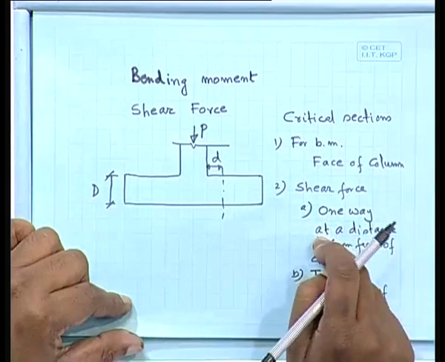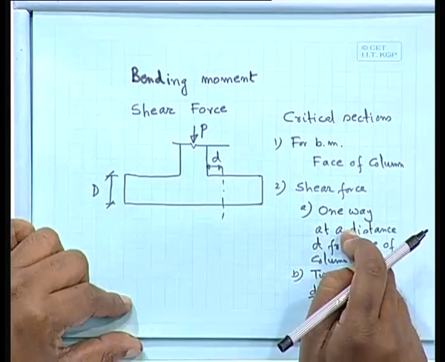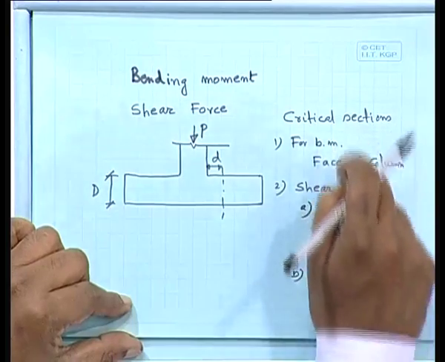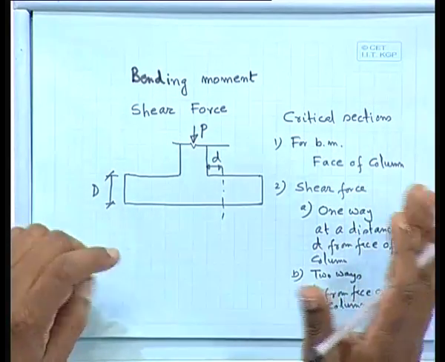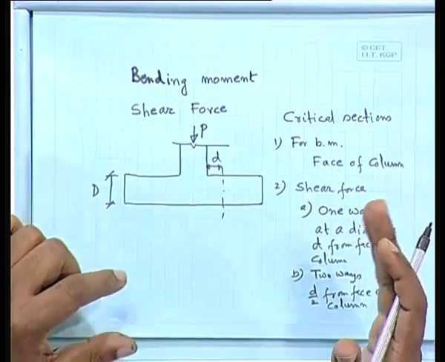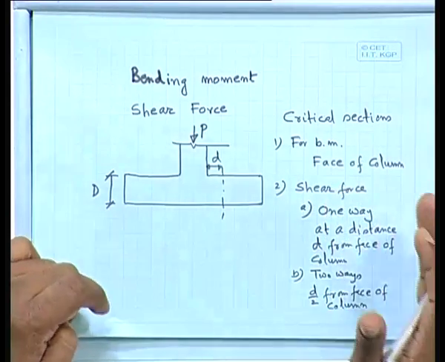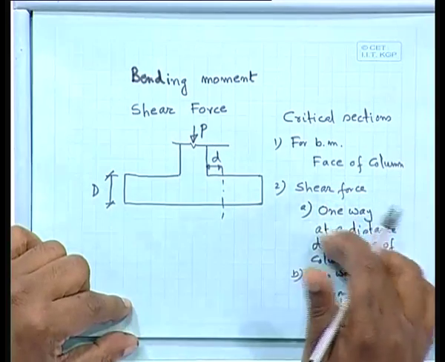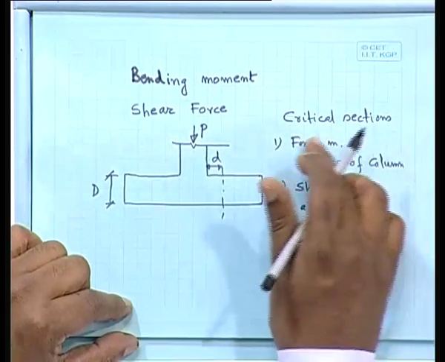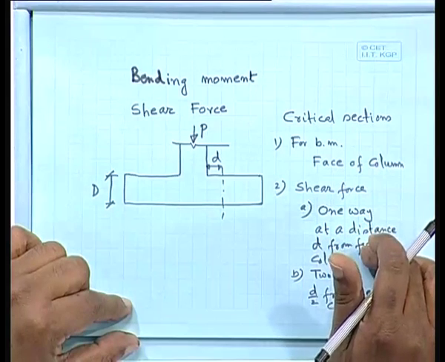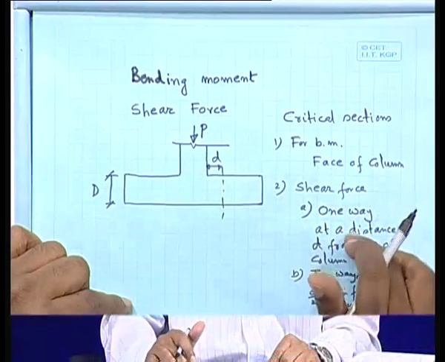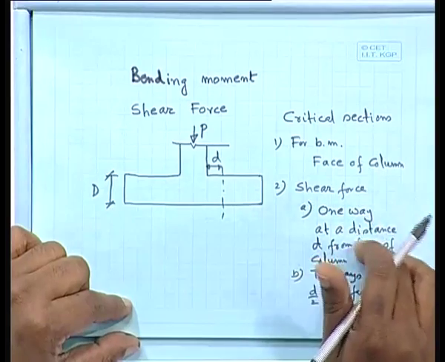That is why in this case we start from the shear force and then we check for others. Compared to your slab or your beam, we generally start with bending moment and then we check with shear. Here, we can start with the bending moment, but later on you may have to increase the depth for shear forces, and that is why we start with the shear force, maybe say for one way.